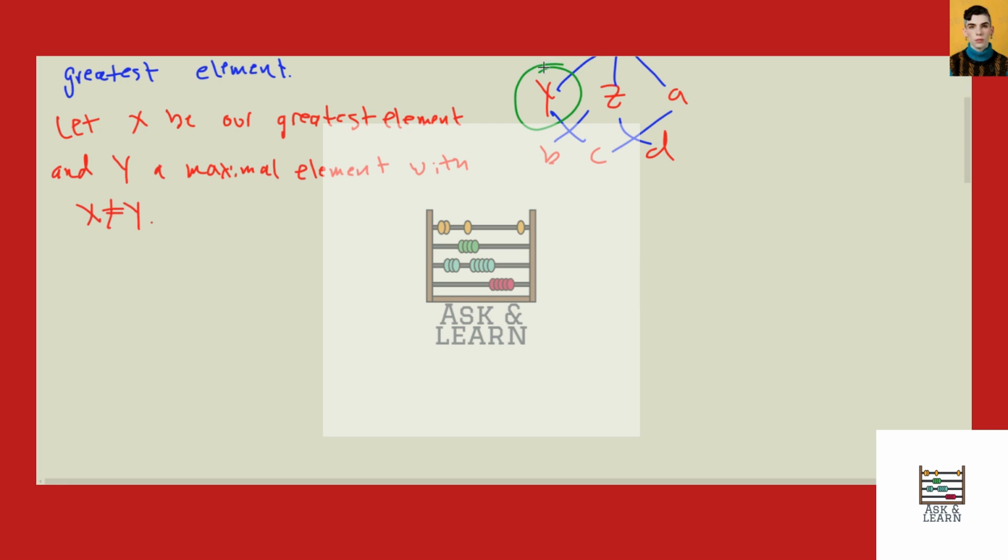Now the next thing we're going to do: since x is our greatest element, x should be larger than everything. So x should be larger than or equal to y by definition.